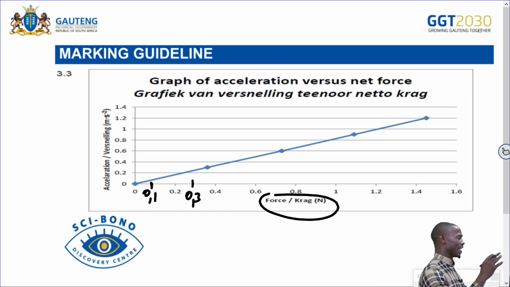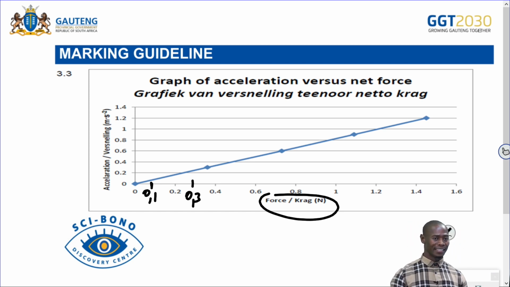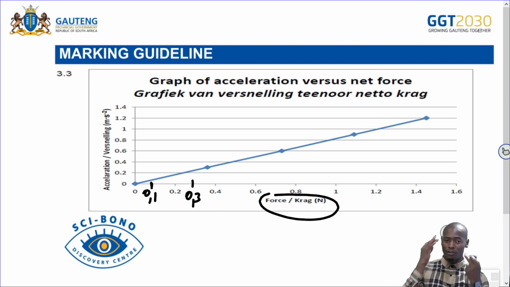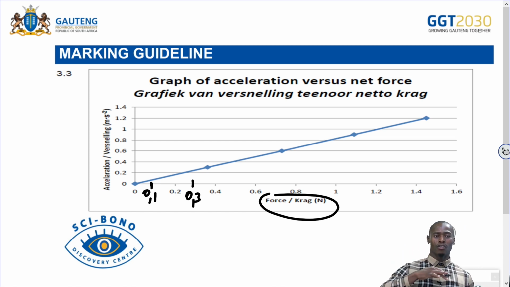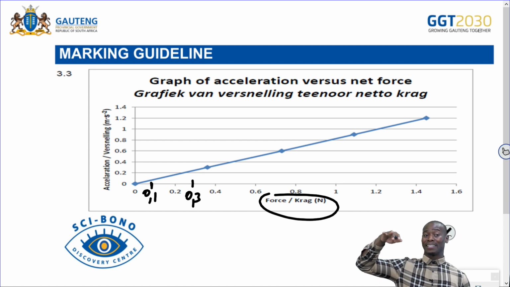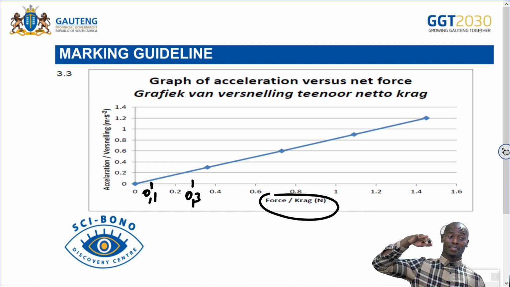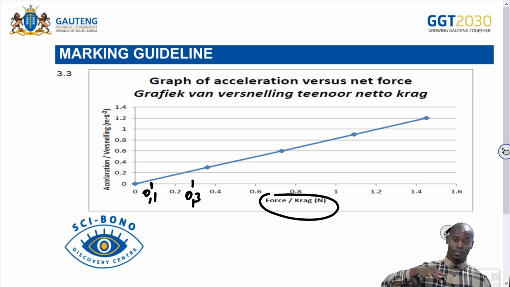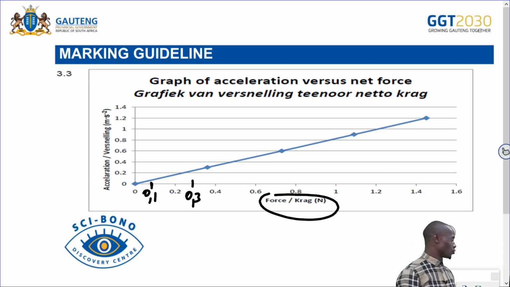Okay, fortunately here the points, all of them, are on the line. But you'll find in some cases some points that are not on the line. But please, already you know the relationship. Your graph should start from the origin. It should be a straight line starting from the origin. So you draw the line of best fit, but that line of best fit must touch the origin. Okay, the point 0, 0.